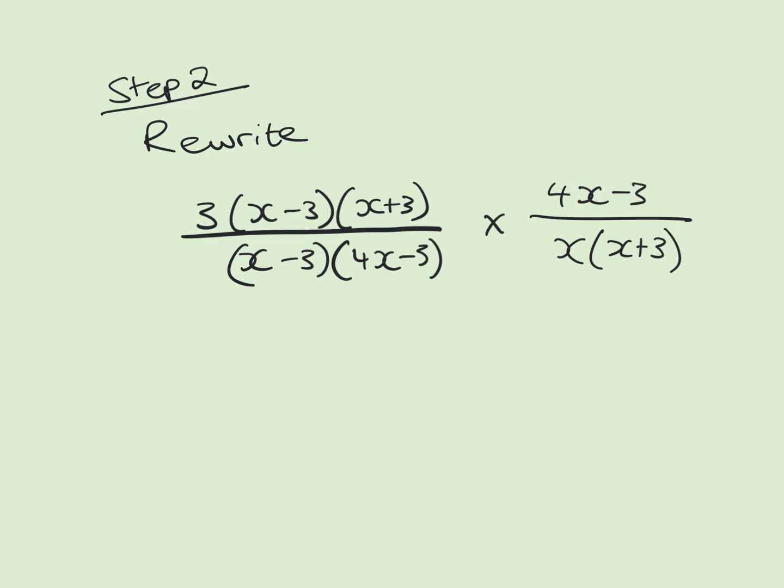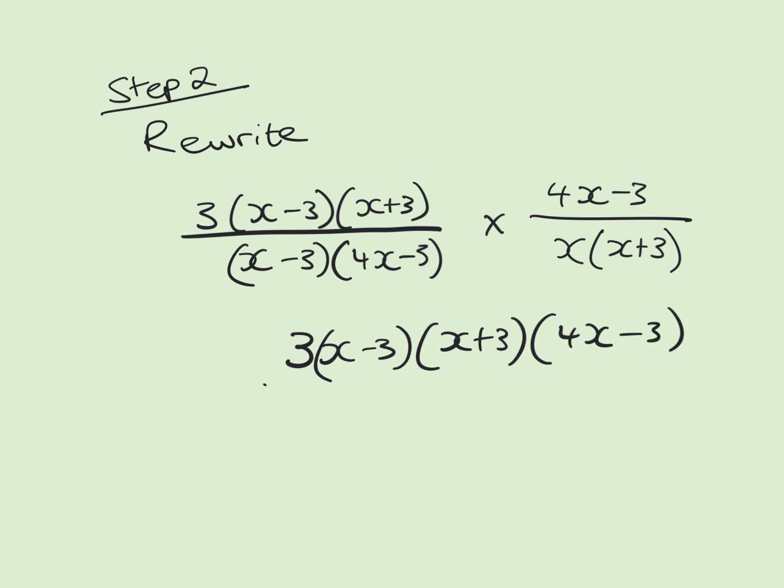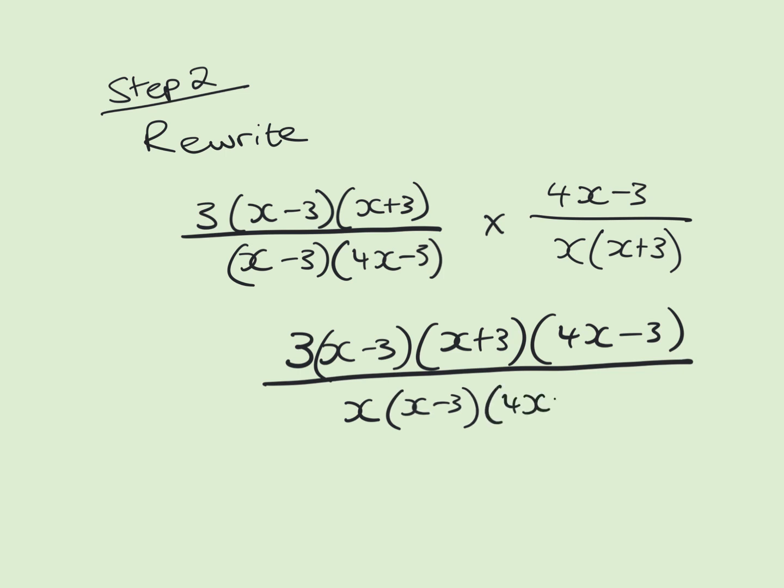All that's going to happen there is I'm going to have 3, x minus 3, x plus 3 by 4x minus 3, all over, I'm going to put that x at the very beginning, this one here, just going to leave it out here at the very beginning. And then I'm going to have x minus 3, 4x minus 3, and x plus 3.